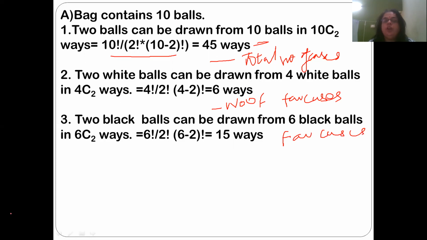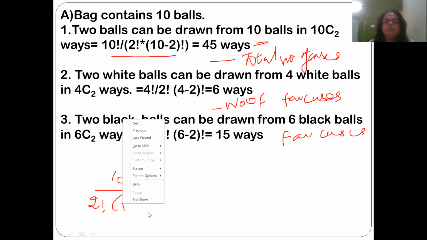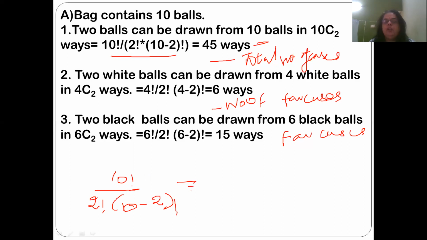So how do we evaluate this 10 factorial by 2 factorial into (10 minus 2)? I'm just explaining: for any number, if you put a factorial sign beside it, it means you have to expand it: 10 into 9 into 8 into 7 into 6 into 5 and so on till 1.